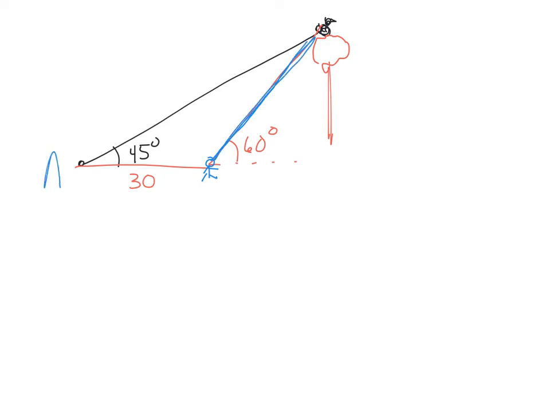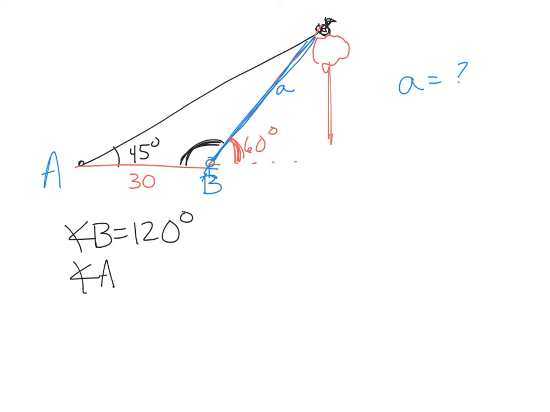All right, so we'll call this angle A, and we'll call this side A. So we're trying to find A. We'll call this angle B. Now, this 60 degrees is outside of our triangle. We want to have this angle. That's the supplement to the 60. So we know angle B is 120 degrees. We know angle A is 45 degrees.